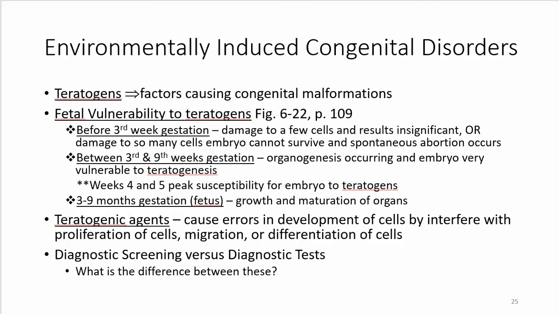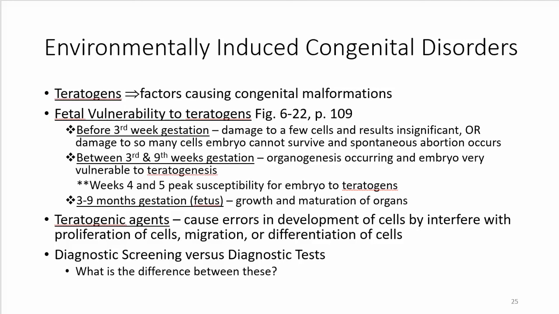So there's not very much vulnerability before the 3rd week of gestation. Between weeks 3 and 9, however, this is when the organ systems start to develop, and we can get these congenital malformations because that's what the embryo is doing at that time.